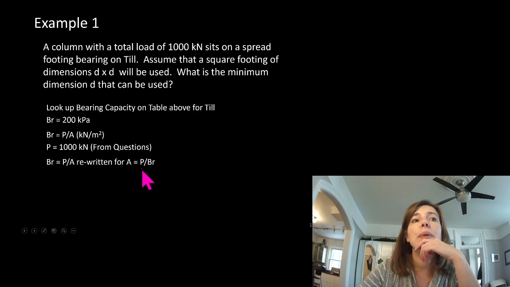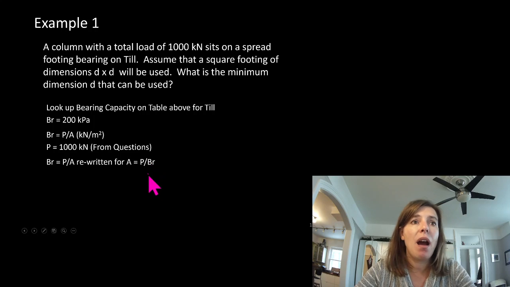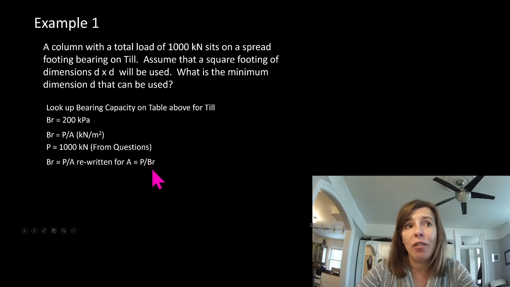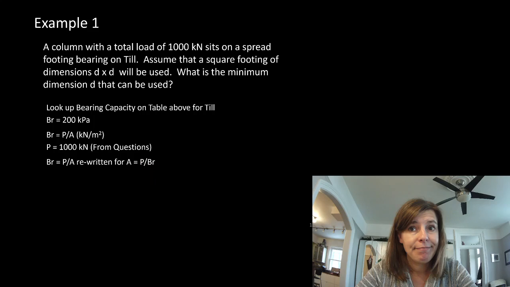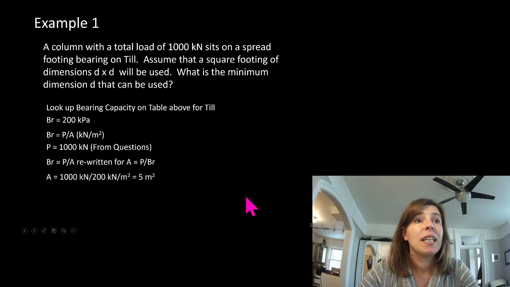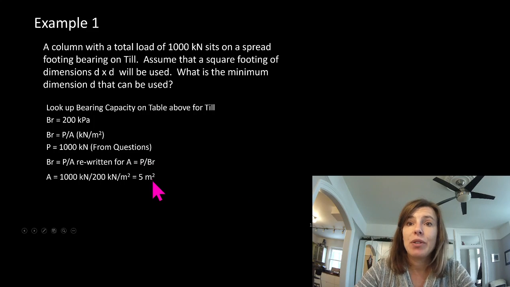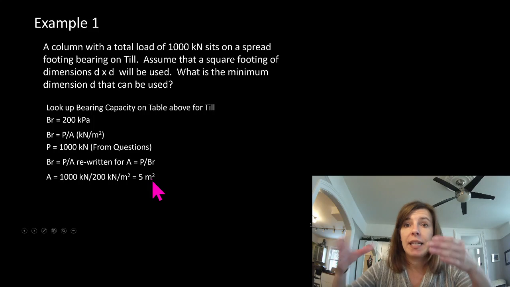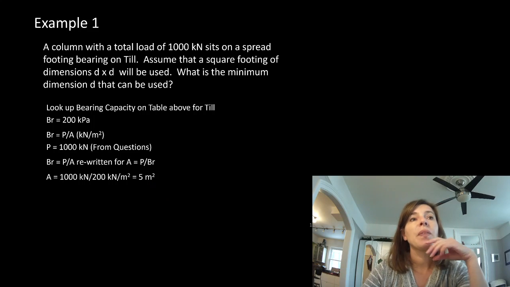Area equals P divided by BR. Well, I know I've got 1,000 here and 200 for BR. 1,000 divided by 200 is 5. We've got 5 meters squared. So our footing needs to be 5 meters squared.